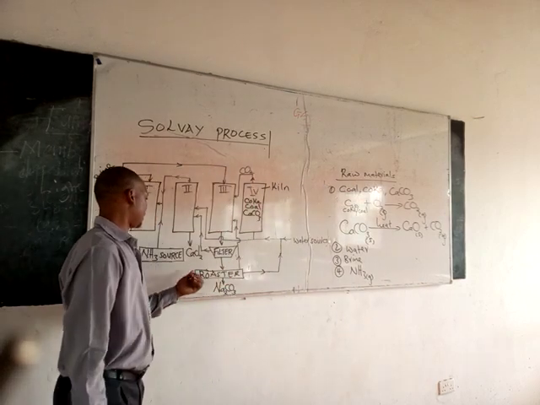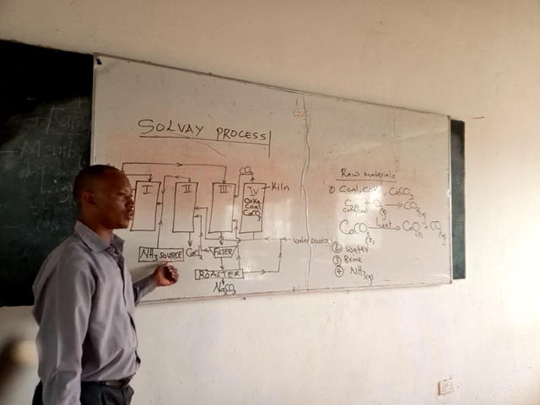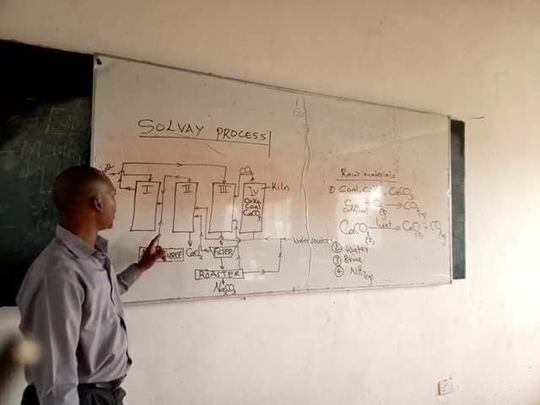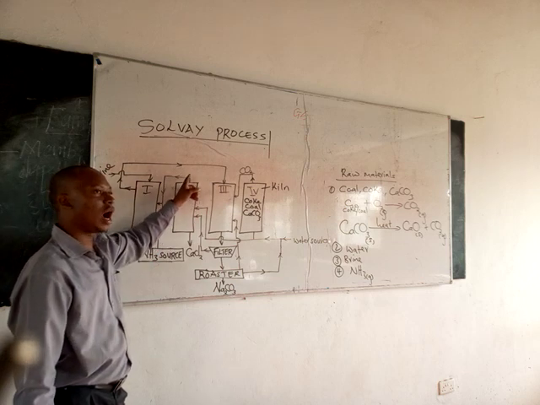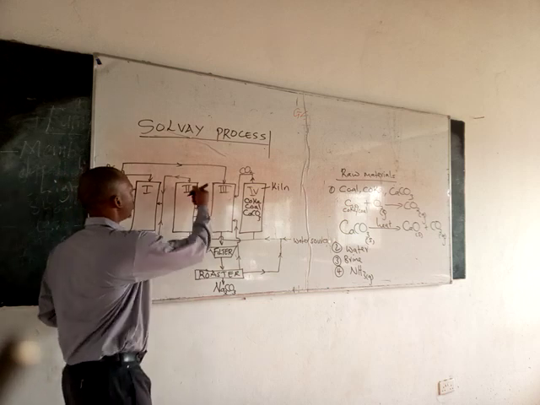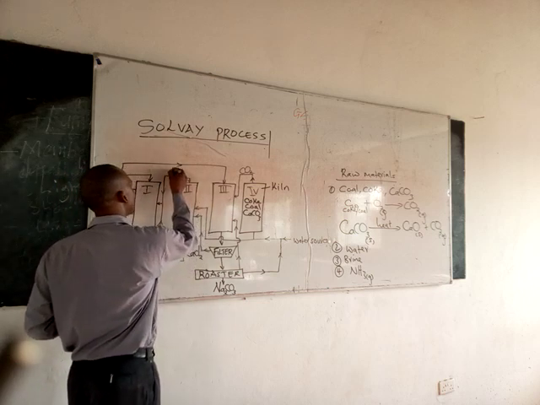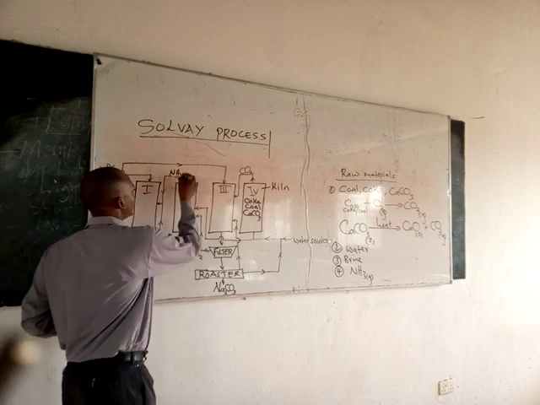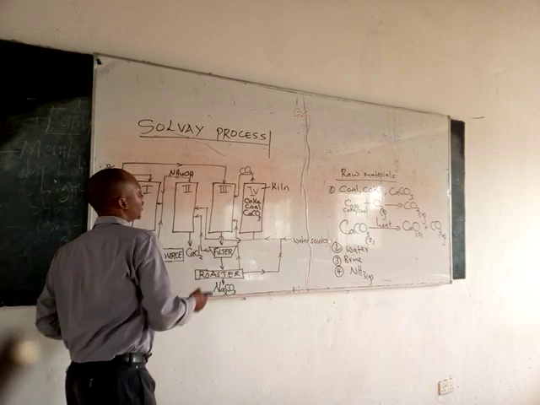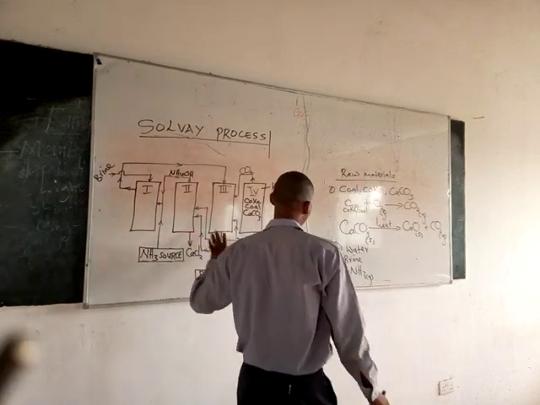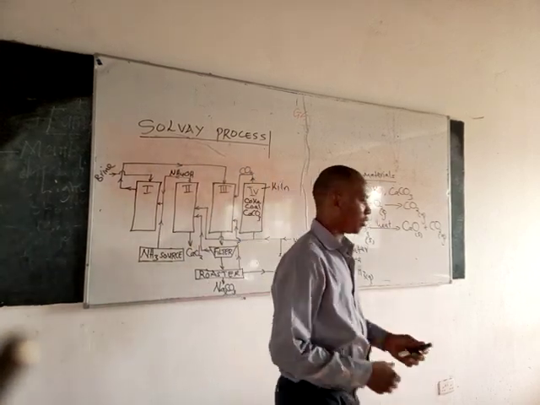We have two sources of ammonia. We have ammonia from the source, and we have recycled ammonia from chamber 2. This chamber 2 also produces regenerated ammonia, but in solution form, so it is called ammonium hydroxide. So we have ammonia in solution form, ammonium hydroxide.